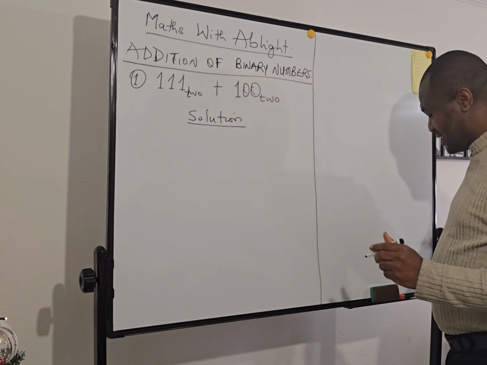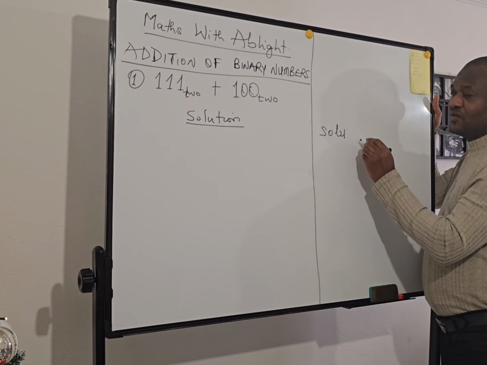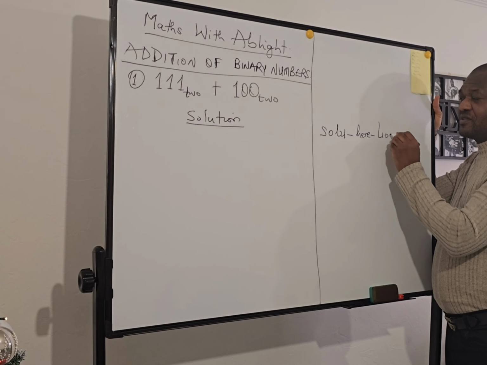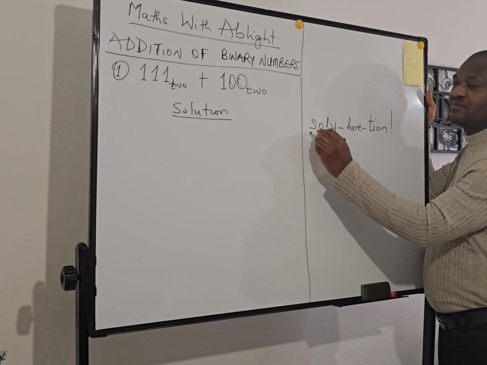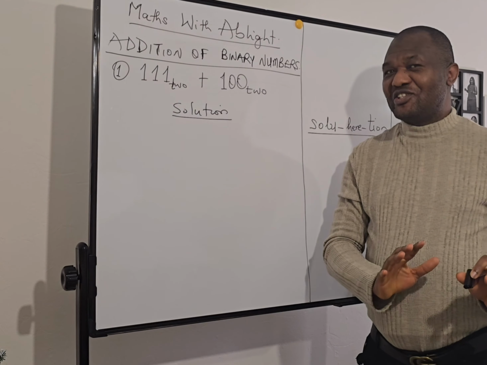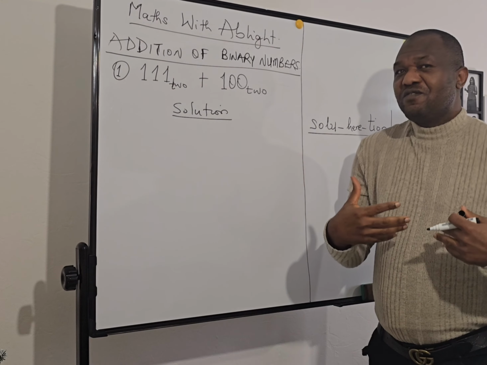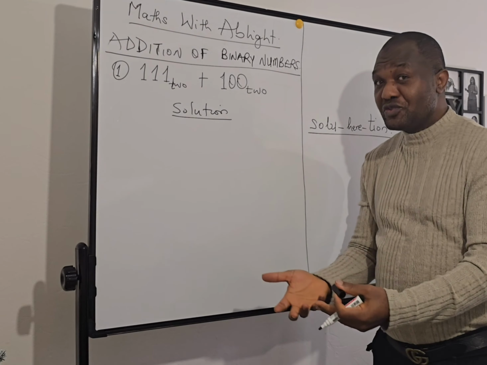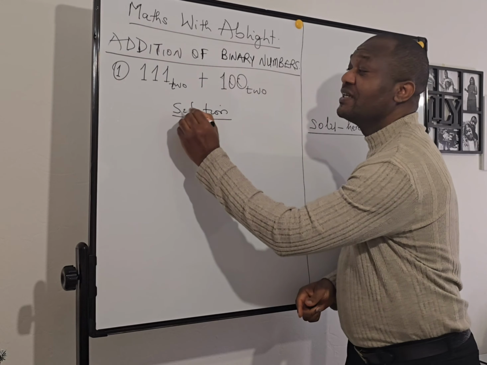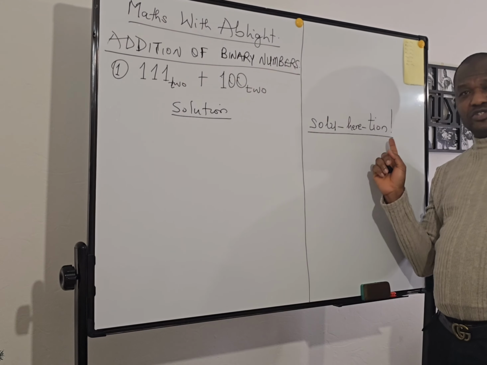You simply pronounce it this way, solu here, shown. If you use mathematics language when you are solving maths, it makes it very easy for you. It makes it fun. If mathematics is not fun to you, you will not enjoy it. The best way to make it fun, you come here, you write solu here, shown.